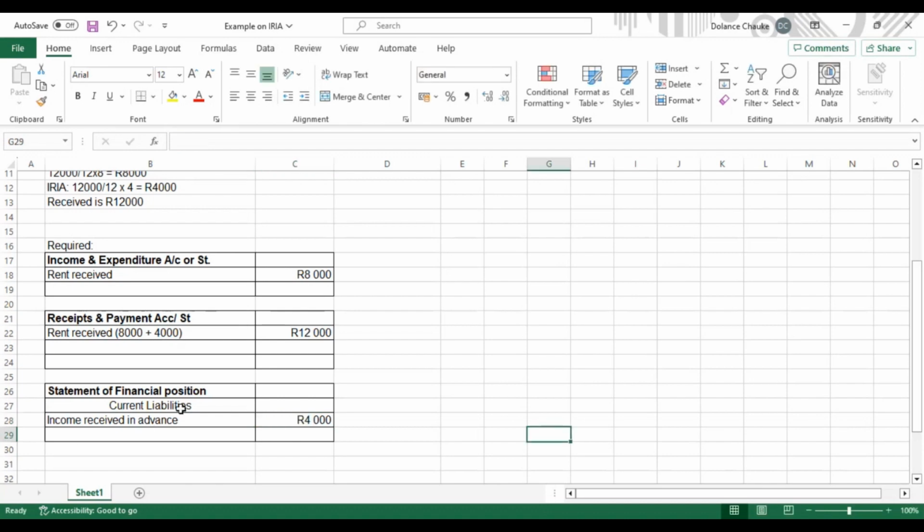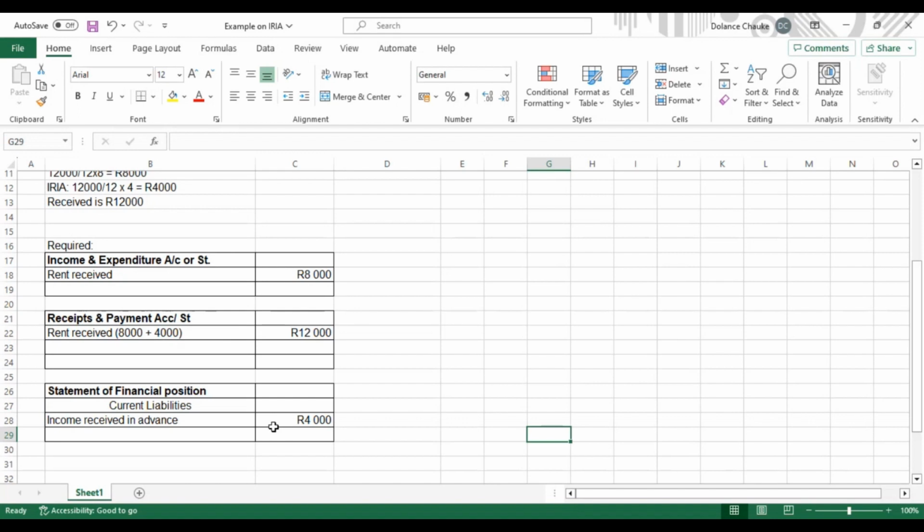Why are we saying it's a liability? Because the person has paid more money in advance. For instance, if that person did not stay with you for those months, he can claim that money, cancel the contract with you and go and find another landlord. That is why we are holding an additional amount of 4,000 that is received in advance.